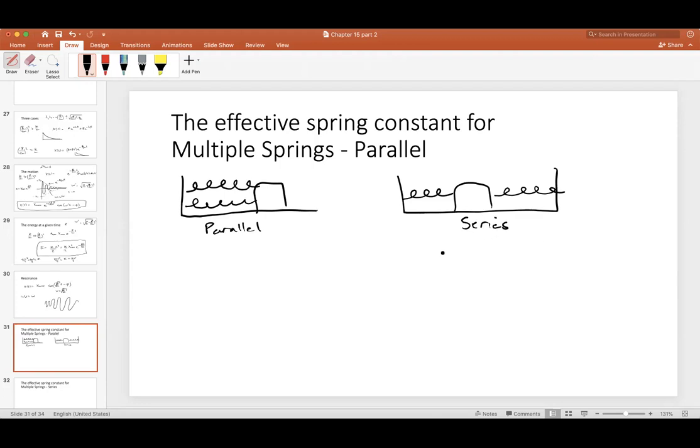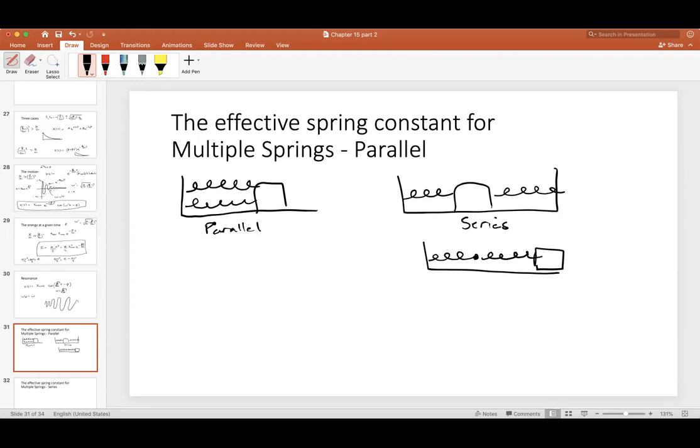I should say, actually, what I really want is two springs hooked together. We'll actually do all of these really fast, but these are also series. So you have series where they're on either side and series where they're both connected and they're connected to the block, okay?